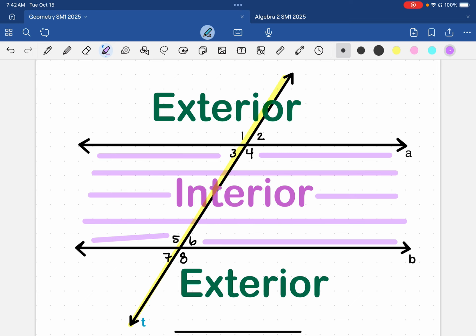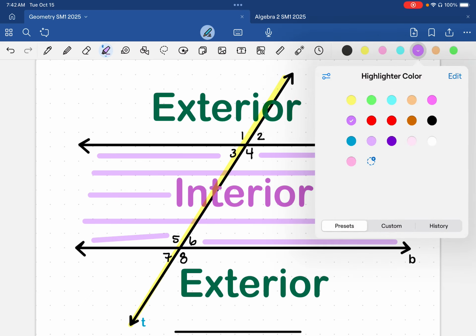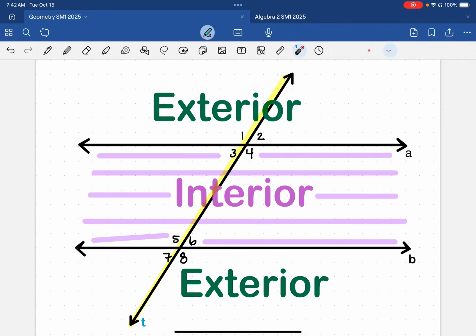We also have two exterior positions. The angles above line A and the angles below line B become our exterior angles. And of course, remember, exterior just means we're outside. So in this case, outside of what?